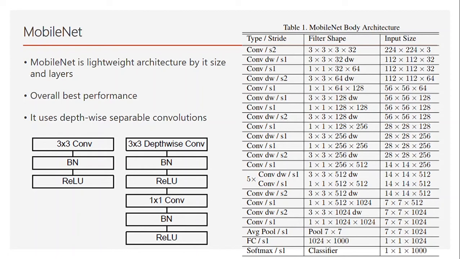The first is a 3x3 convolutional block, and the second is a 3x3 depth-wise convolutional layer, and after that a 1x1 convolutional filter is applied on that depth-wise convolution, so that it is lightweight and performs best in neural network training. The training time taken by this architecture is also minimum but not the least.